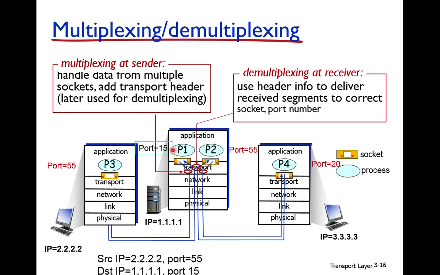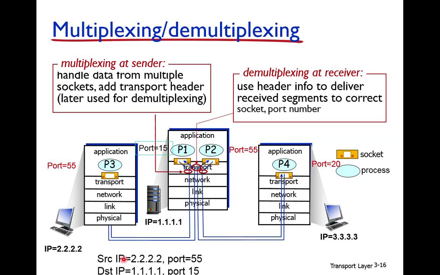So this data is for P1. You can see that an application is uniquely identified by IP address and port number. The IP address says on which system the application is running, and the port number says which application it is on that system.